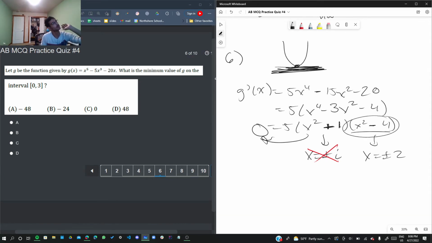So now we have to check each one. Negative 2, 2. Not only is this 0, but the slope is going from negative to positive. Or honestly, we can save a bunch of time and just plug in negative 2 into here, because I think that's going to be the smallest value, since you can take advantage of multiple choice.